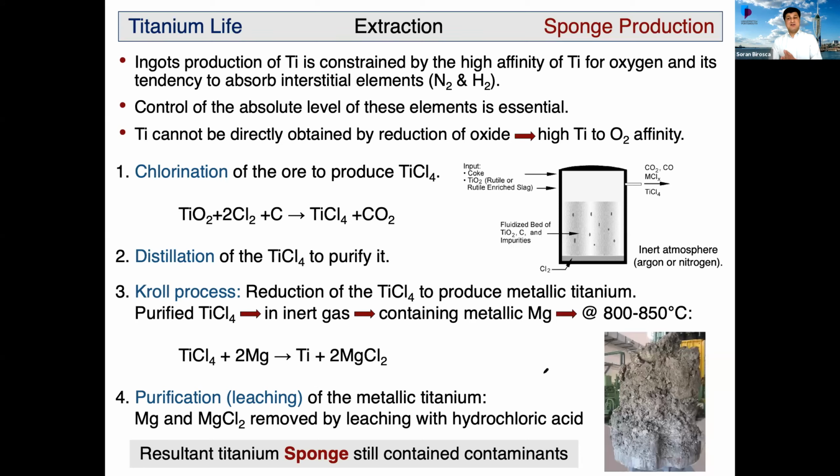And because of titanium's high affinity for oxygen, titanium cannot be directly reduced from the oxide source, and that's why it goes through four stages.